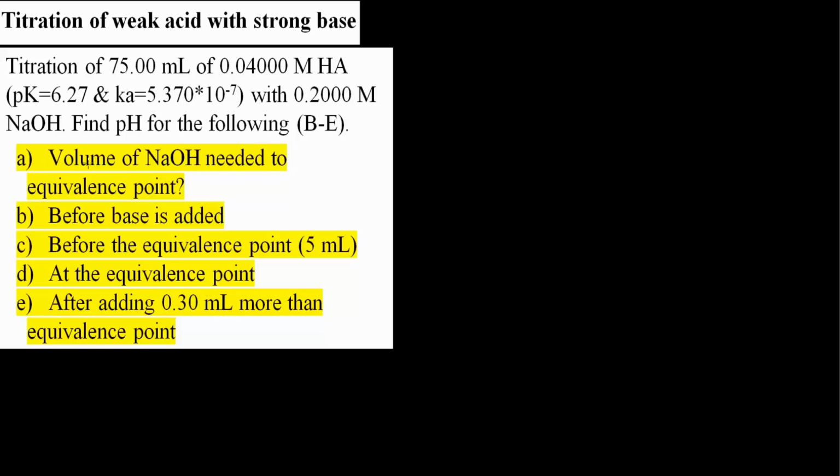First, we want A, the volume of NaOH needed to reach the equivalence point. So we'll do that first. For the equivalence point, that would mean that the moles of H plus is equal to the moles of OH minus. So we have 75 milliliters of 0.04 molar HA.